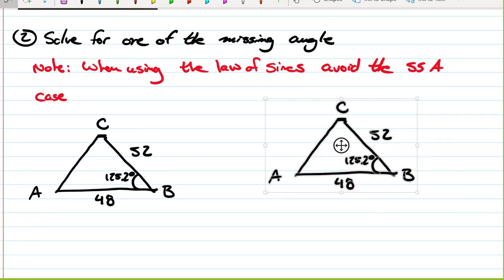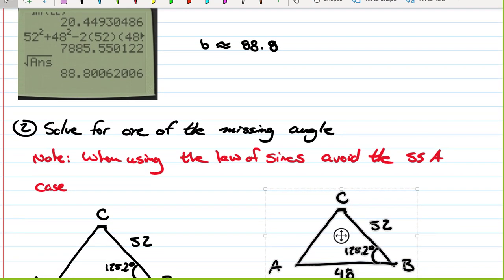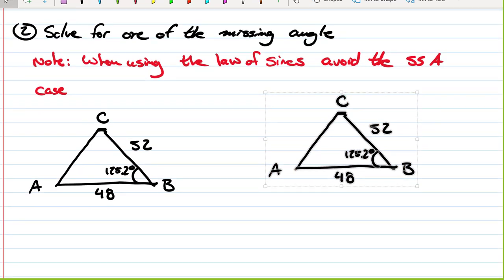So we had each of these, and in the previous step we solved for side B, right? And we got that side B was 88.8. So that's over here. We have 88.8.